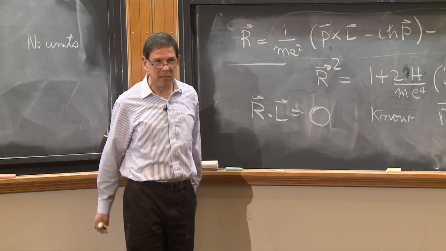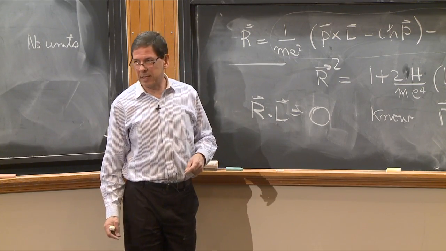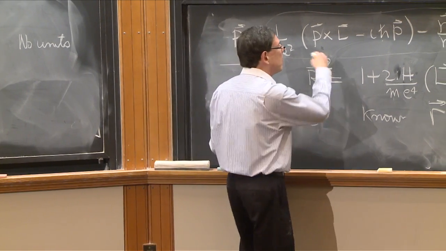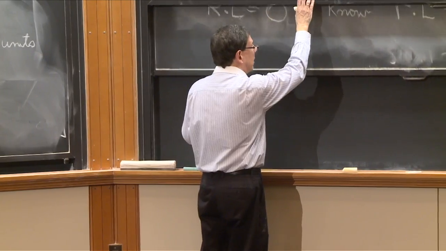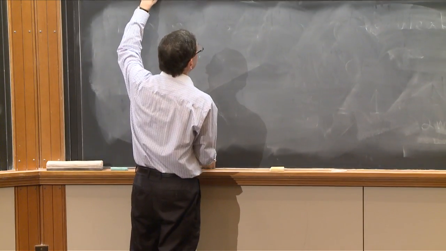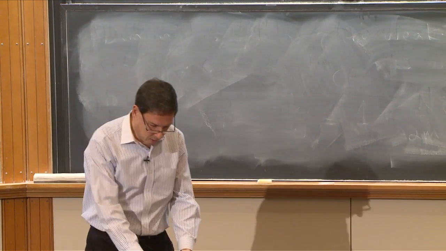Because in quantum mechanics, it's not all that obvious you can even do that. Well, in a second we'll see that that's true as well. L dot R and R dot L, capital R, are 0.